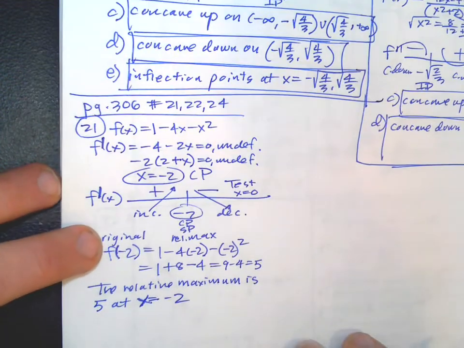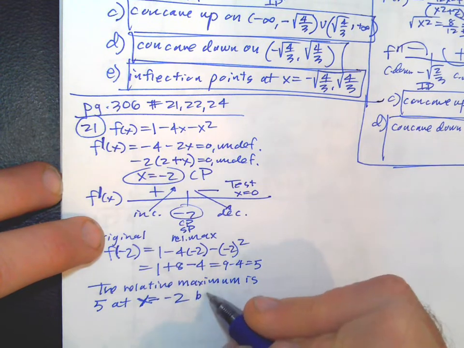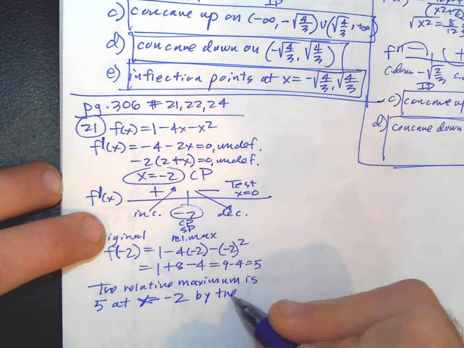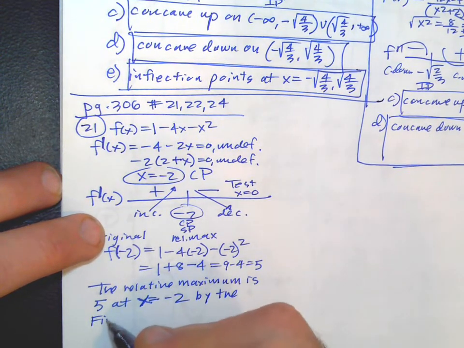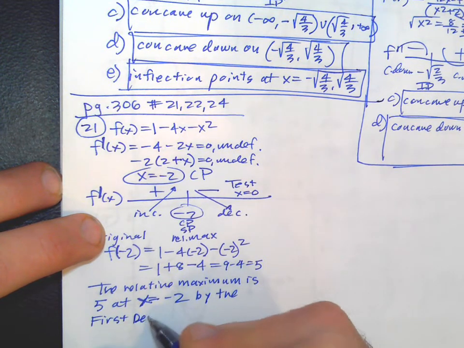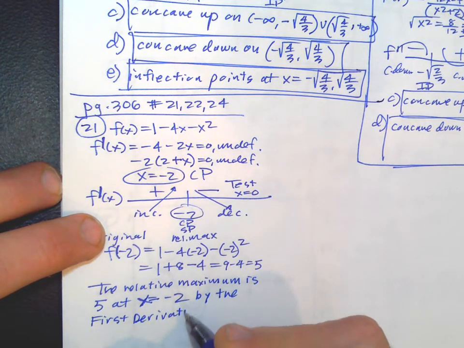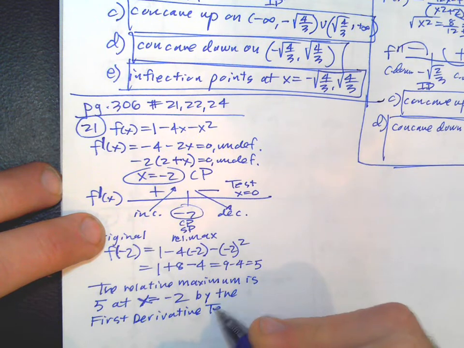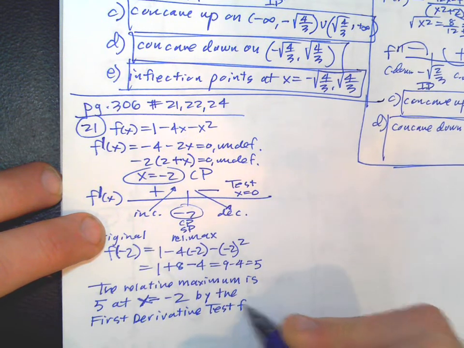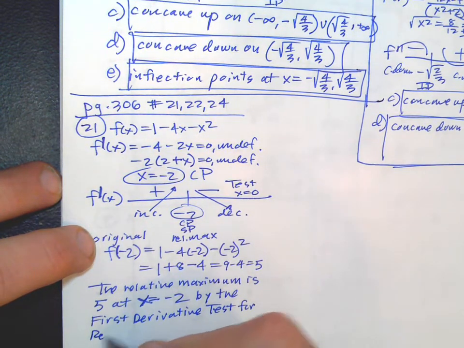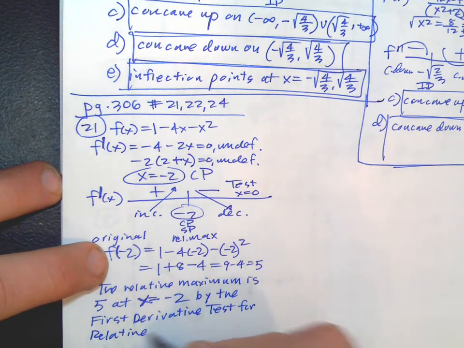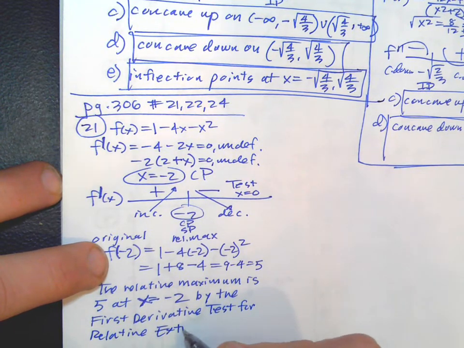Now, how do you justify that? And this is something we're going to go over more soon, the first derivative test. That's what we're using, the first derivative test for relative extrema. And well, how do you know?